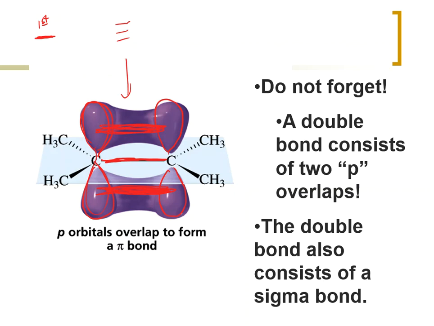This p orbital, you have to keep in mind, it's all or none. So the p overlap, the top lobe and the bottom lobe, that overlap comes as a package. Okay, you don't treat it separately. So the overlap of that p orbital with the top and bottom piece, that is your second bond. And that's where the double bond comes from. If this was a triple bond, what I'm trying to tell you is that another p orbital with a top lobe and a bottom lobe, or one that points out and away from you, would have to be present.